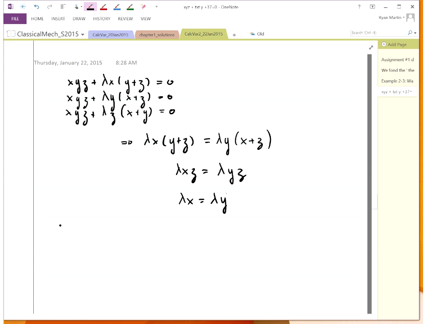So I realize the lambdas cancel, but we have 2 possibilities here. The first option is that lambda equals 0. And the second option is that x equals y.